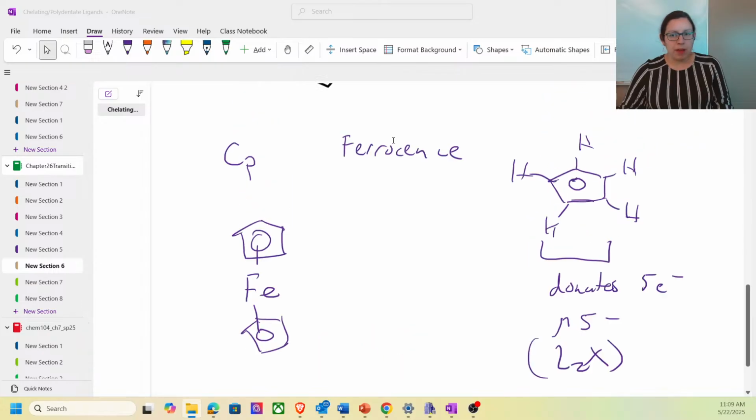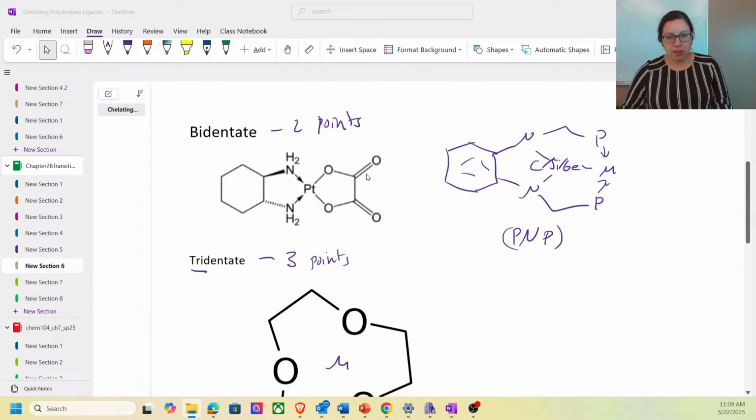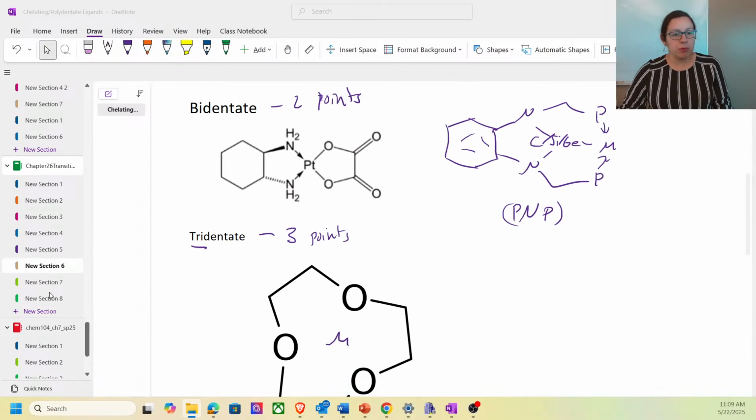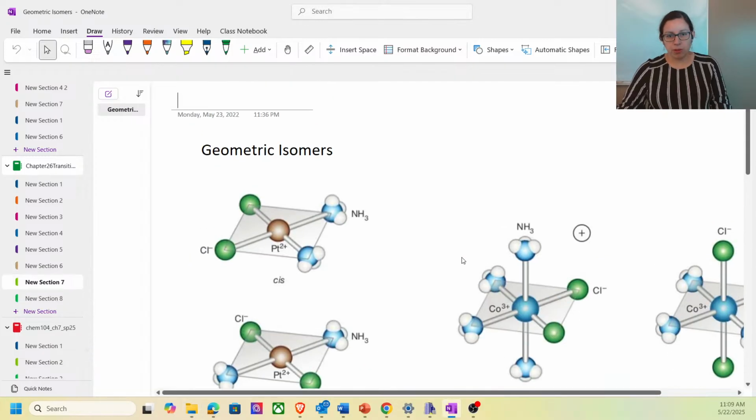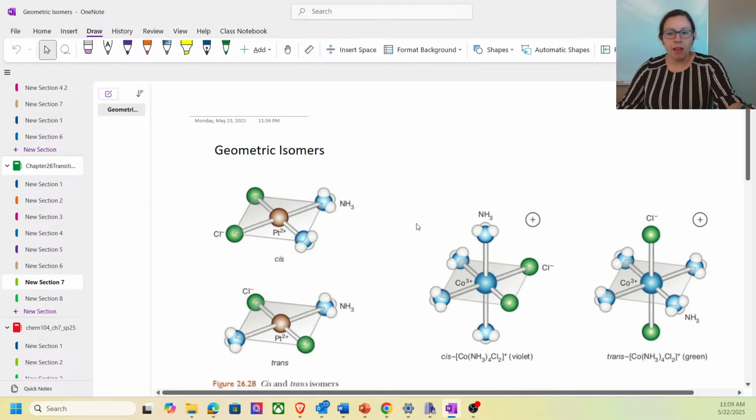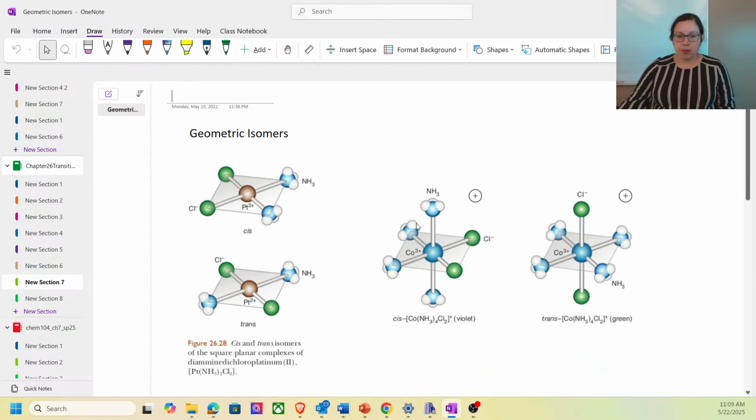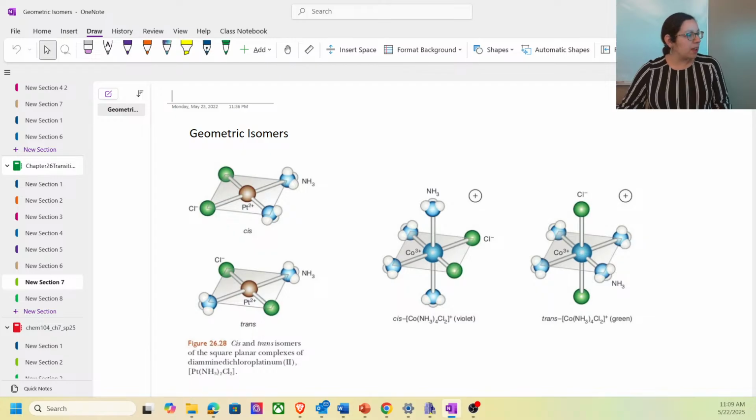All right, we could go back to this because, like I said, we could get lost looking at examples. I can pull up more examples, especially if my computer was faster, at least the internet. So let's take a look at some of those geometric isomers. Again, that might elucidate some of your questions.